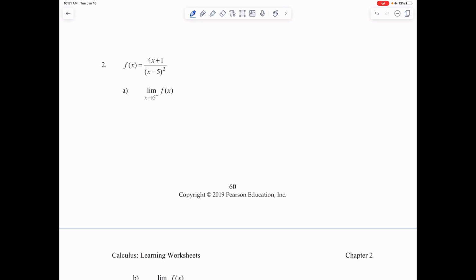4x plus 1 over x minus 5 squared. And we're looking at 5. So 5 from the left, when x is 5, well, 5 minus 5 is 0. But if we look at 4.9, 4.99, and 4.999, what will we get?